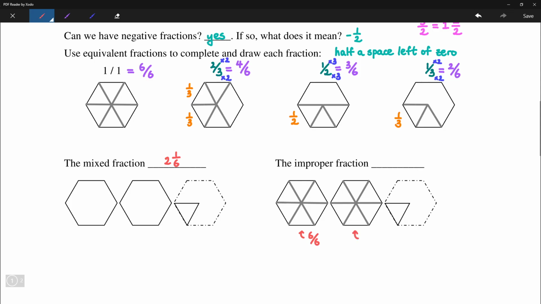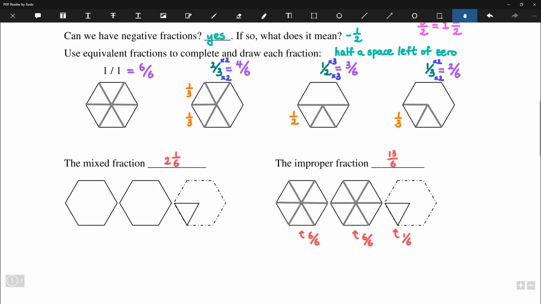This is another 6 triangles, so 6/6. And of course, here's 1/6. So in grand total, we have 13/6. All right. So this is a little bit of review on writing equivalent fractions.